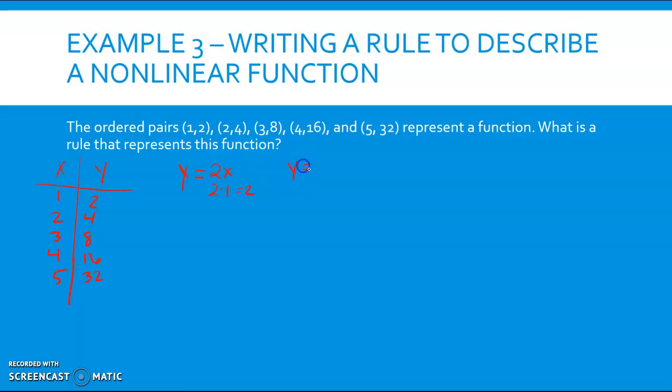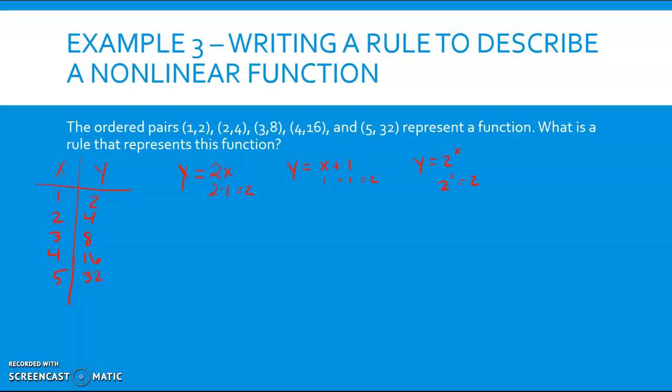That could be that y equals x plus 1, because 1 plus 1 is 2. Or it could be that y equals 2 to the x power, because 2 to the first power equals 2. So these are 3 ways that I can get from x being 1 to y equaling 2.